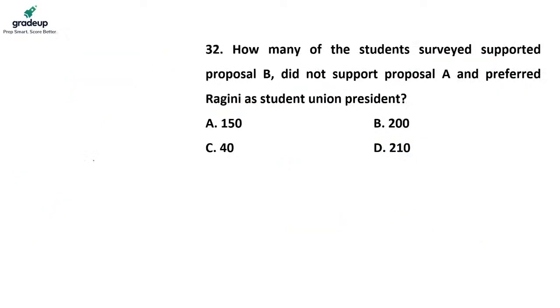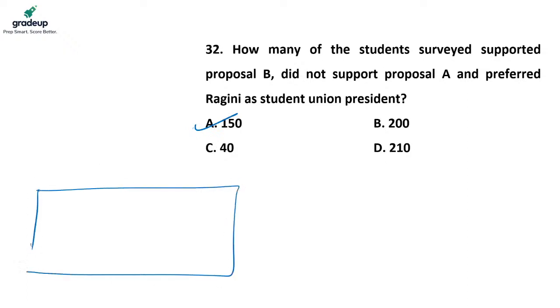Next one. How many of the students surveyed supported B, did not support A, and preferred Ragini as student union president? Can I say 150? Regarding this Venn diagram of Ragini, remember, we know the total was 300.